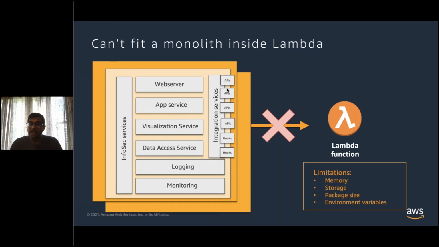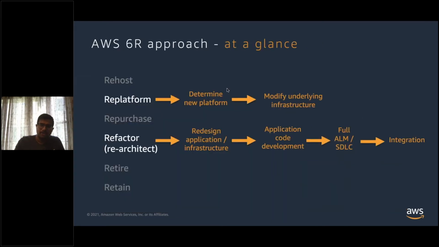And people leave or retire, and it is going to be extremely tough for you to make even a very small change to some of these applications. So at Amazon, the way we handle this, or whenever we talk about modernization, is what we call a 6R approach.